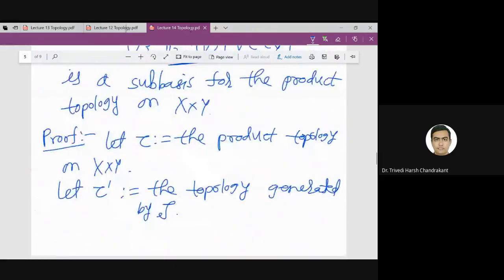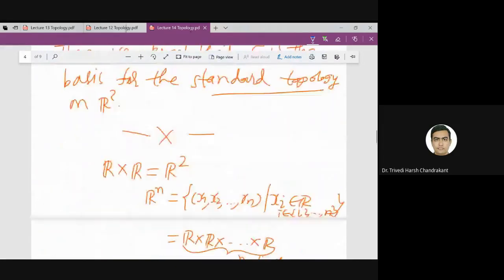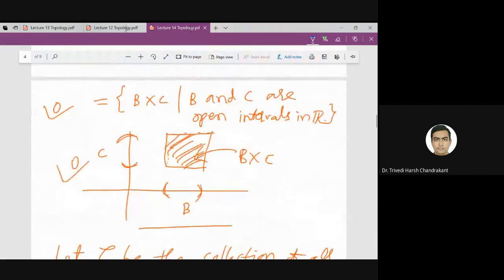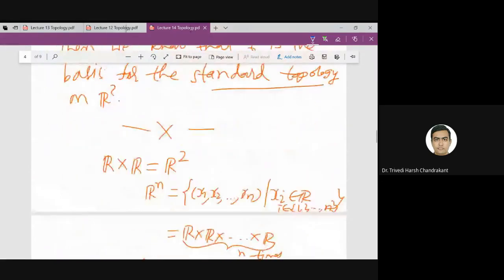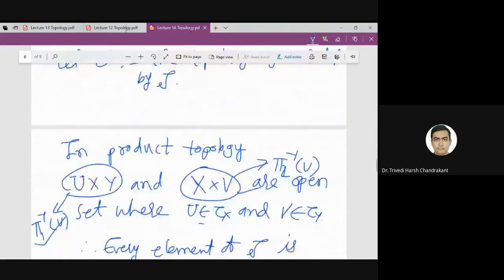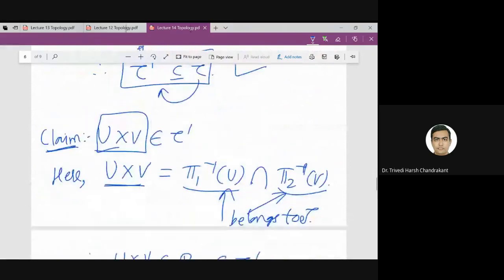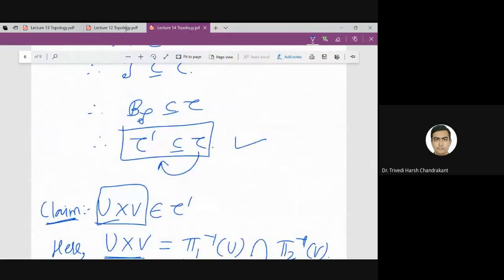Up to this you already understood that this is U cross V. Where is that basis element? Okay, I drew it in another slide, maybe this one.